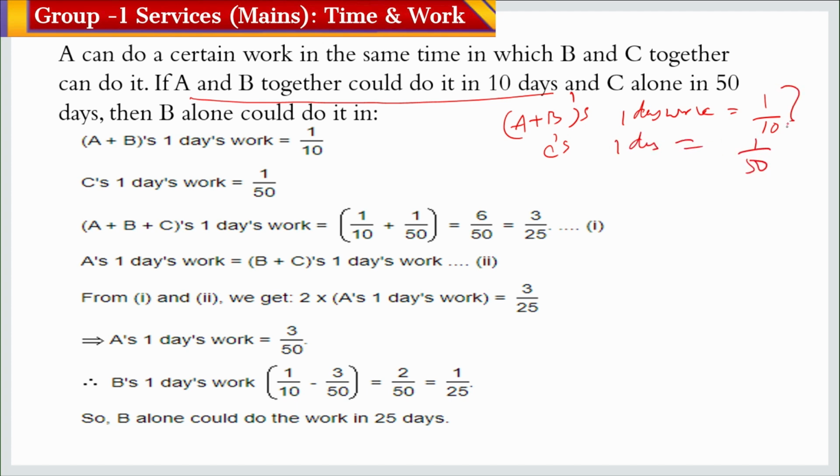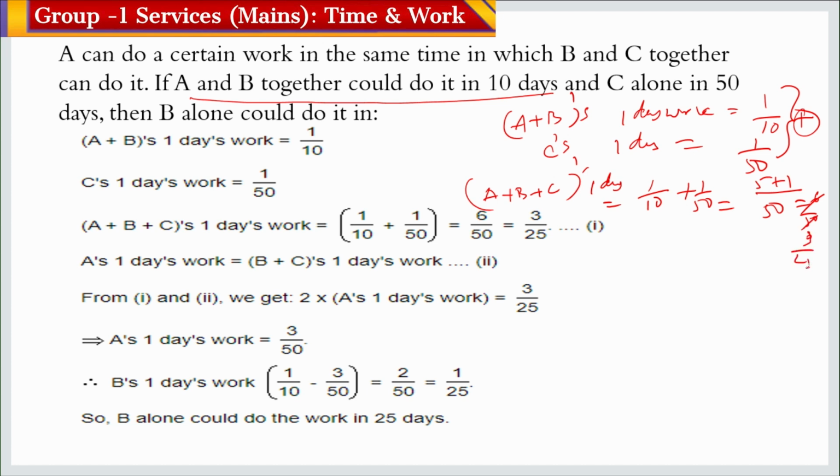So, when you add these two, A plus B plus C's 1 day work is 1/10 plus 1/50. LCM is 50, that is 5 plus 1, it is 6/50 or 3/25, correct, 3/25. This is A plus B plus C's 1 day work.